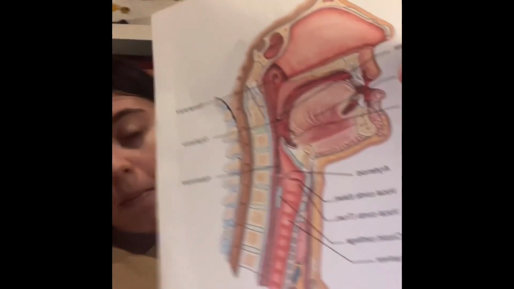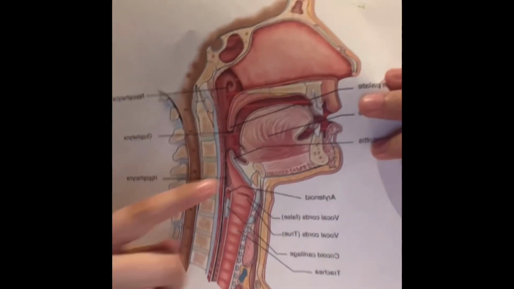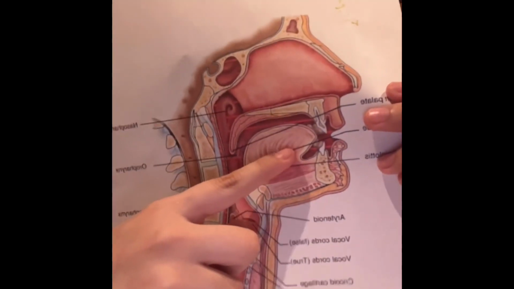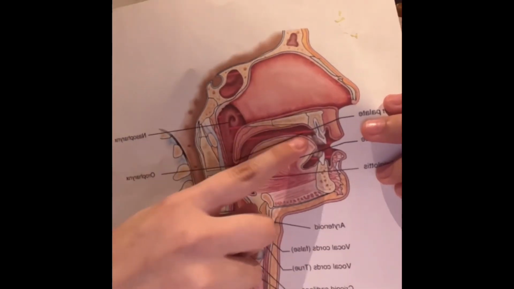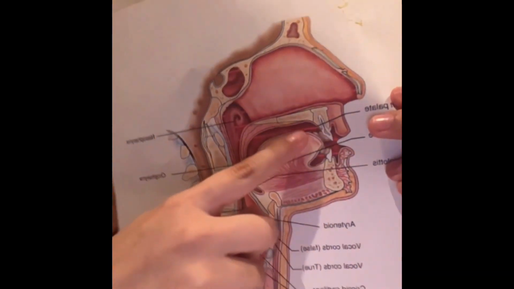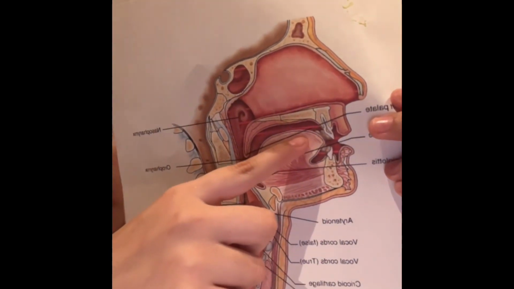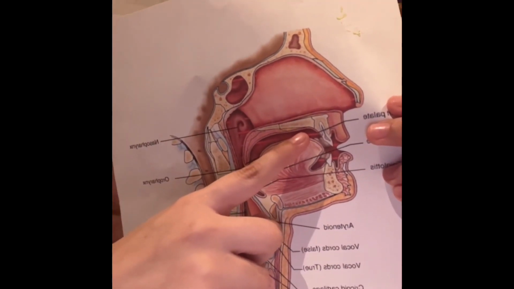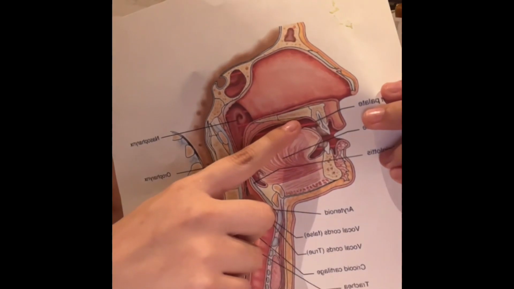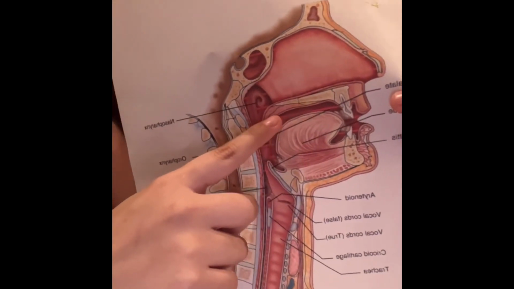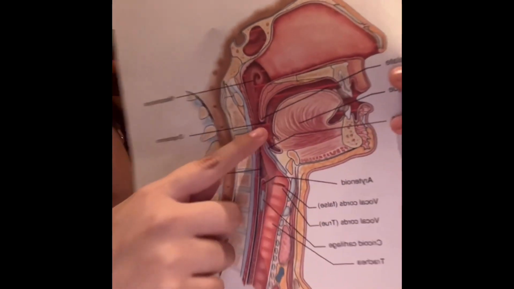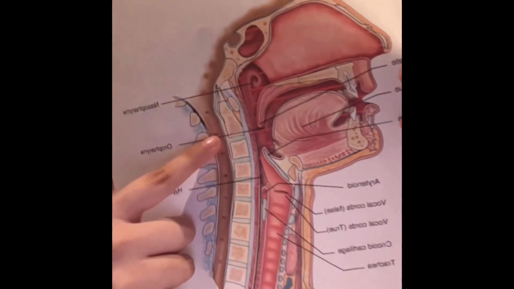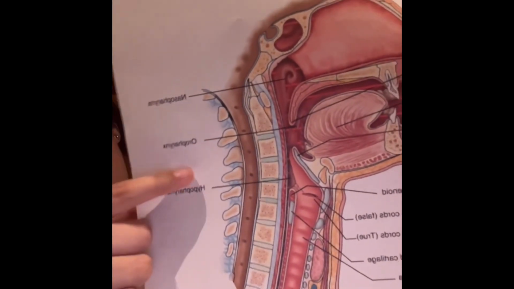Going back to this picture, the tongue is pushing the bolus, which is food that will be right here. It's pushing it up to the hard palate, positioning it so that it could go down to the oropharynx, which is labeled right here, which is this area.